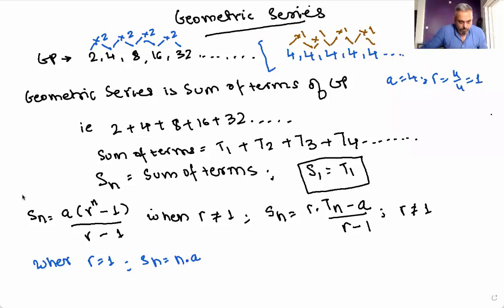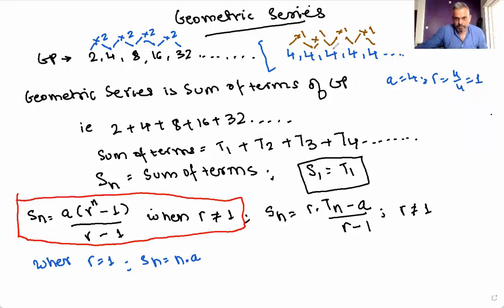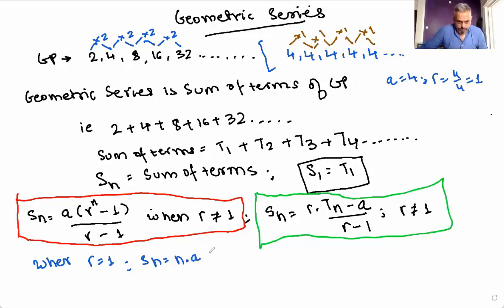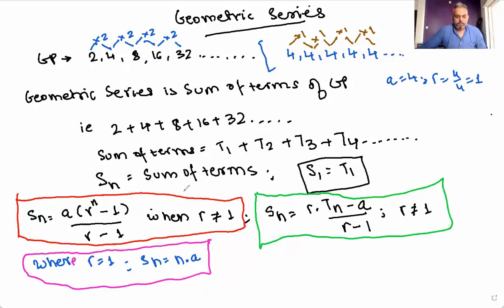One is this one, one is this one, and then this one. So these are the three main formulas which you will be using.